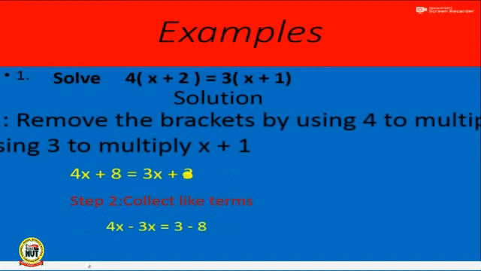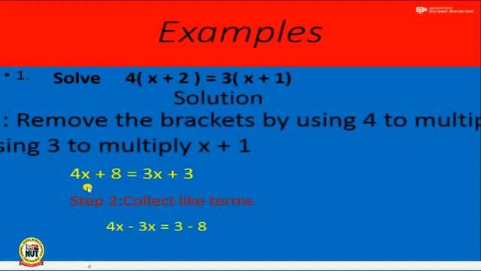Now step 2, after removing the bracket, is to collect like terms. If you look at the equation before us, we have a left hand side and a right hand side.